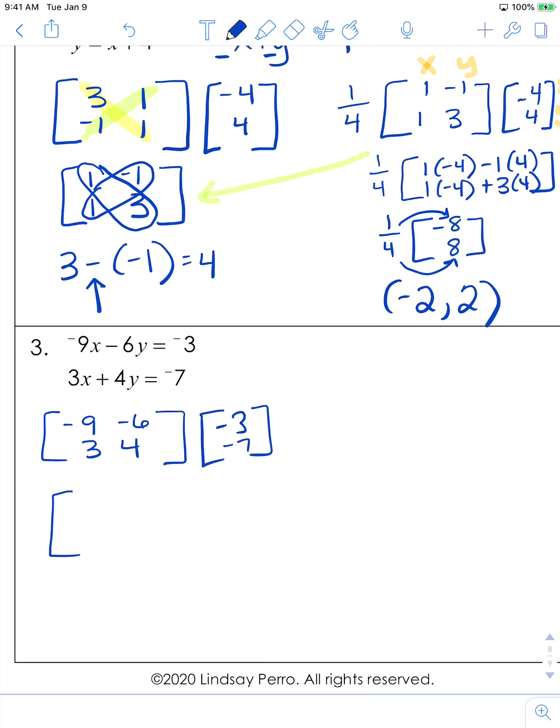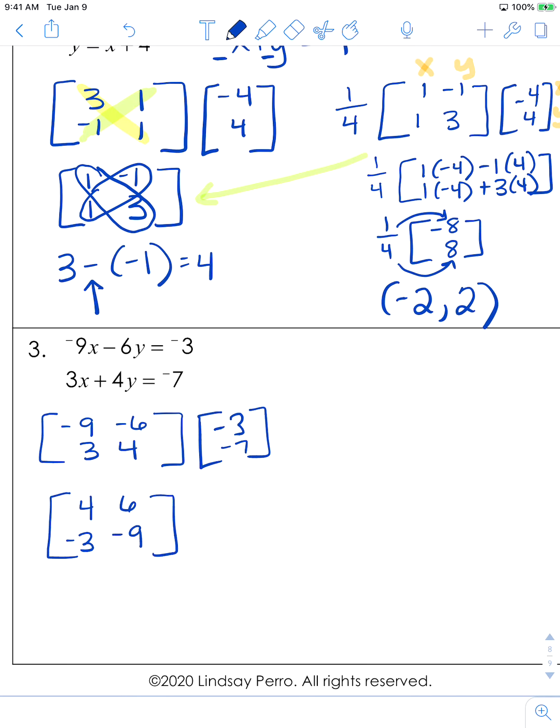So we're going to flip-flop these and then change the sign of these. We're going to cross multiply, so 4 times -9 minus -3 times 6. So you end up with -36, minus, sorry about that, -18, which is -18.